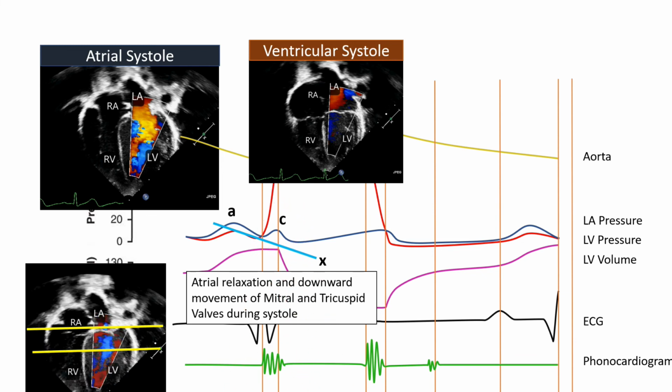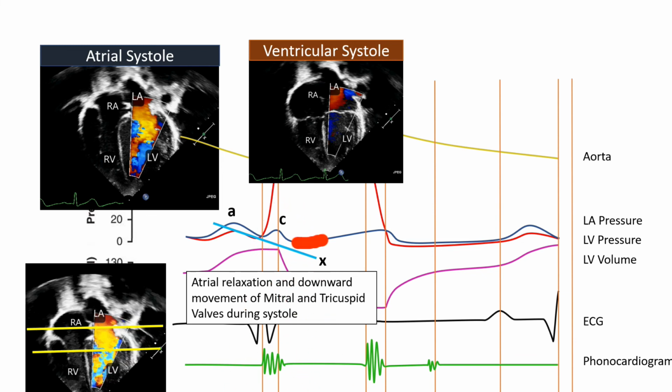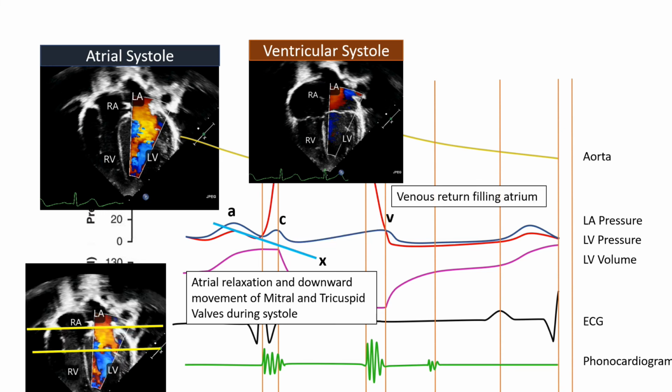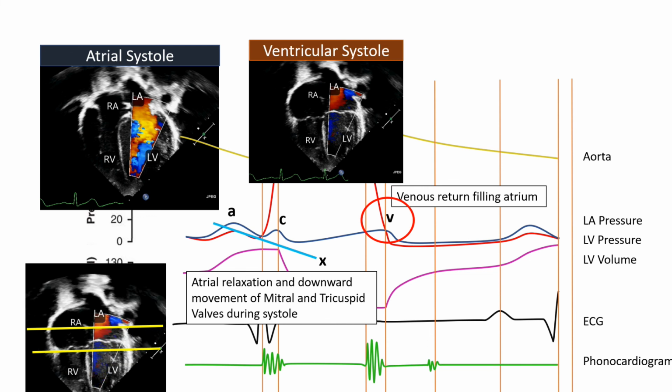After the X descent, you can see that there is a gradual rise in the pressure in the left atrial pressure tracing. This is due to constant venous return from the systemic and pulmonary veins into the right and left atria. This rise in atrial pressure reaches a peak just before the opening of the mitral valve. This peak is called the V wave to indicate venous return.